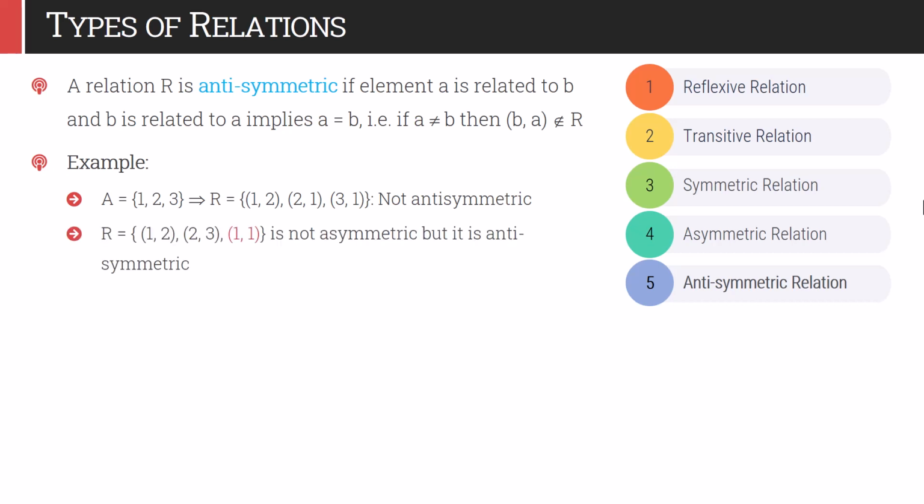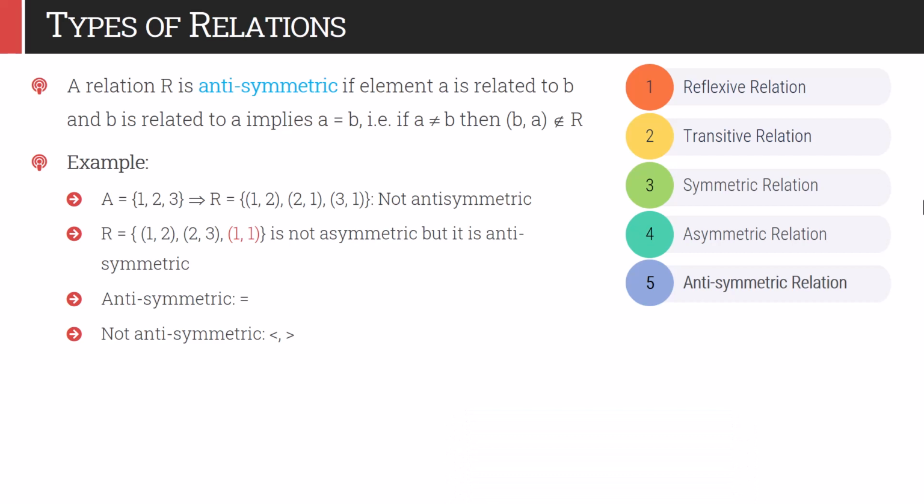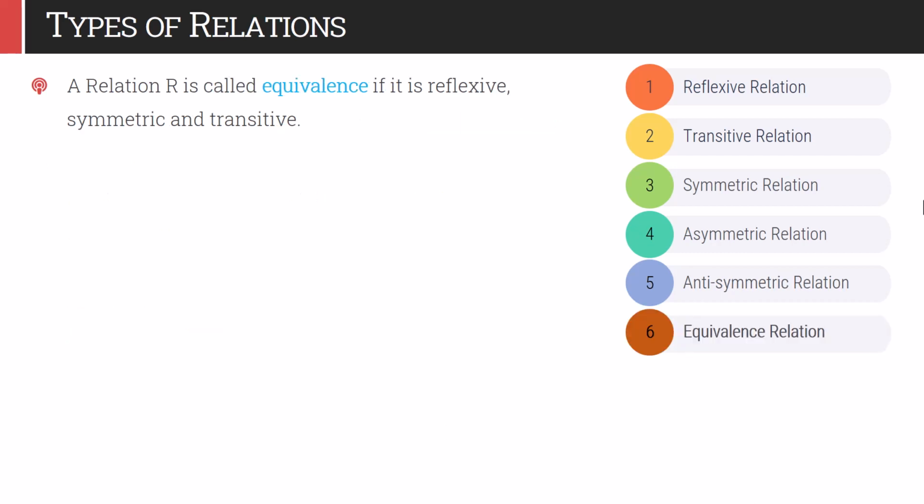And R is equal to {(1, 2), (2, 3), (1, 1)} is not asymmetric, but it is antisymmetric. We know that (1, 1) is not allowed in asymmetric, but it is possible in antisymmetric. Is equal to is an antisymmetric relation, and less than and greater than are examples of non-antisymmetric relations.